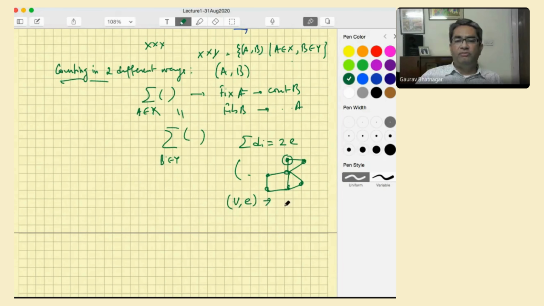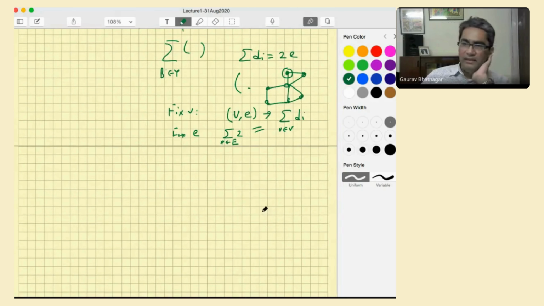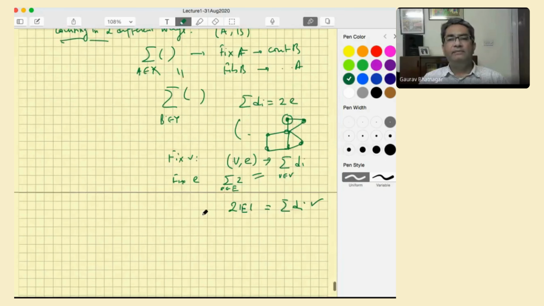If you fix a vertex v, then this is the number of edges at it. If you fix an edge e, then there are two vertices, and these two counts are equal. So this is 2 times e, and this is the summation of the degrees. Okay, does that explain what I want?